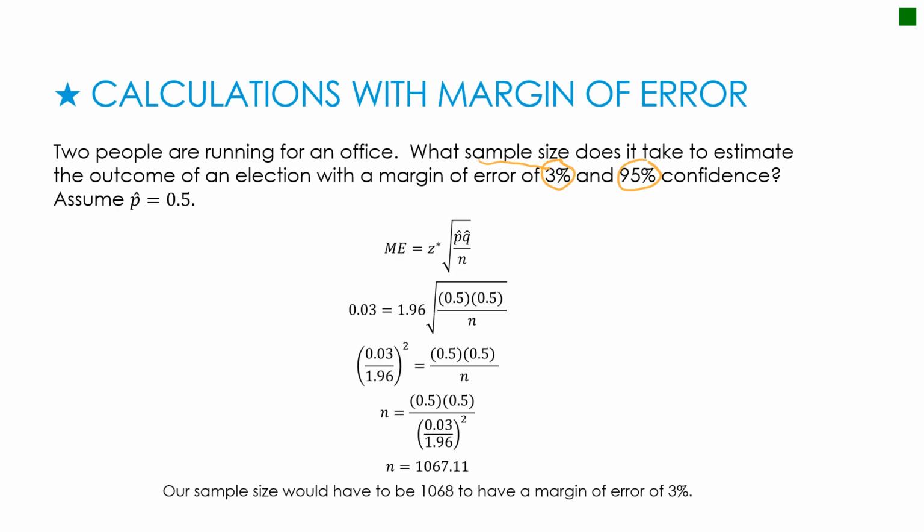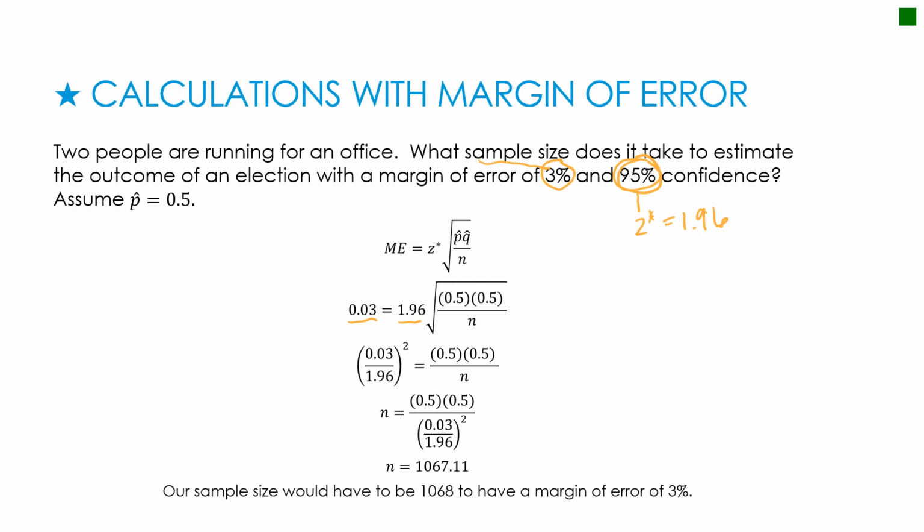So again, I'm using my margin of error formula. I've put 0.03 for my margin of error. I've used 1.96 because it says 95% confidence, and that is the z star for 95% confidence, 1.96. And for that, again, you can use StatCrunch, or you can just memorize that that's the z star, the critical value for a 95% confidence interval.